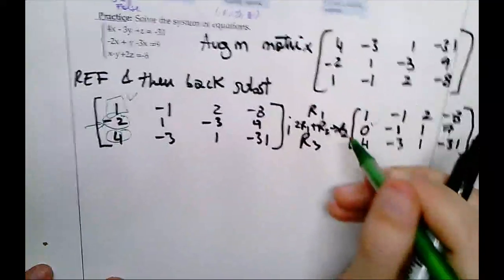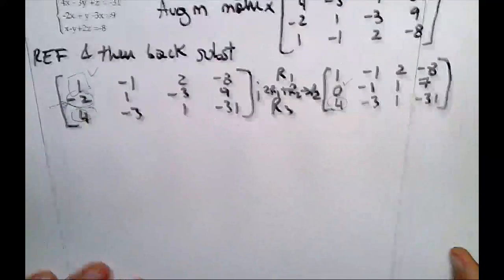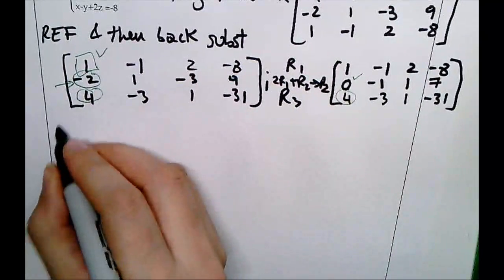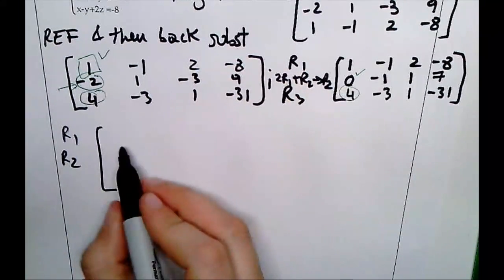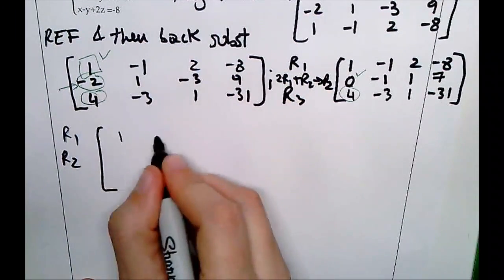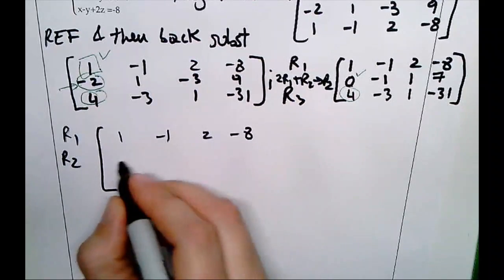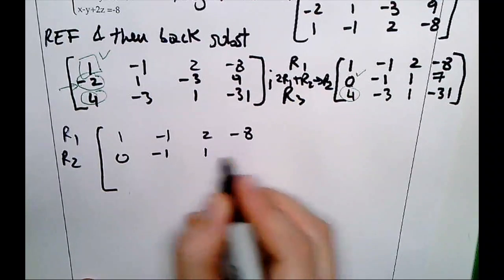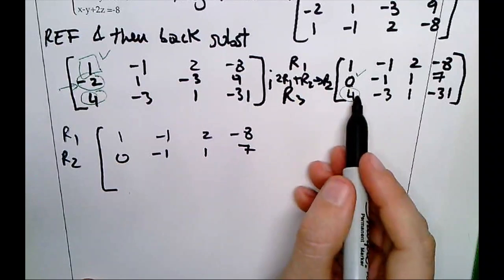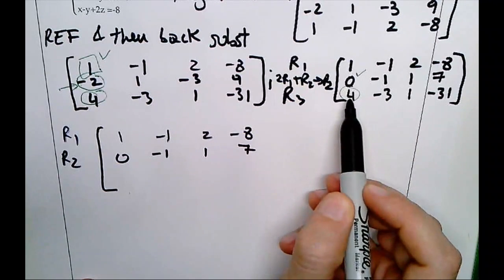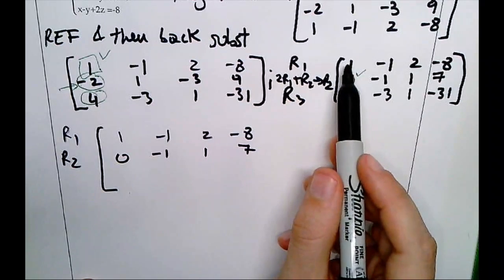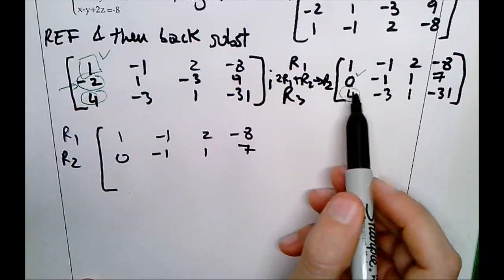Our next task is to make this a 0, so we're going to change row 3 now. Row 1 stays the same, row 2 stays the same. Row 1 is 1, -1, 2, -8; row 2 is 0, -1, 1, 7. I need to take a multiple of row 1 and add it to row 3: multiply row 1 by -4 so that -4 plus 4 makes this a 0.